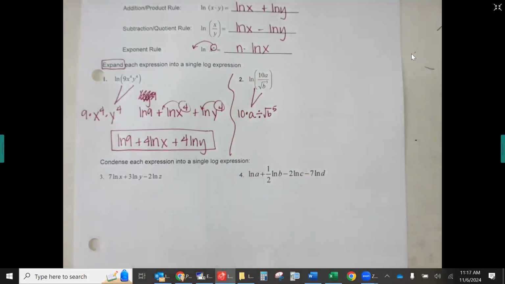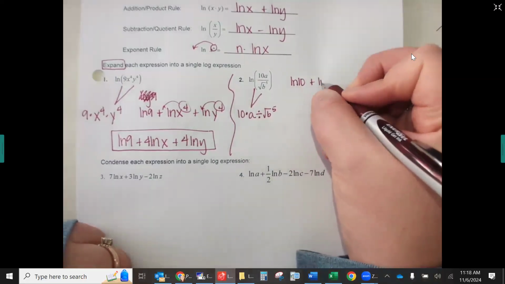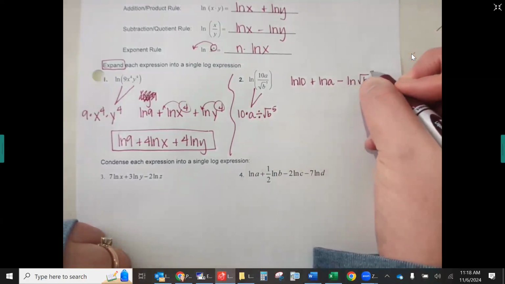And remember that if I'm dividing by the square root of b to the 5th, that means that one is going to get a plus or minus. Which one? So you're going to have ln 10 plus ln a, but then minus ln of the square root of b^5.